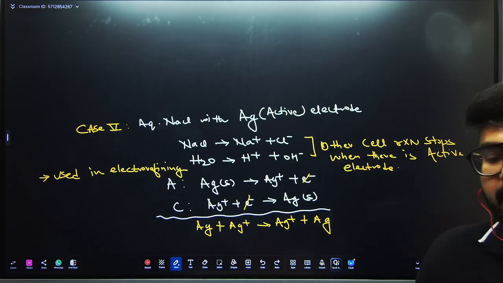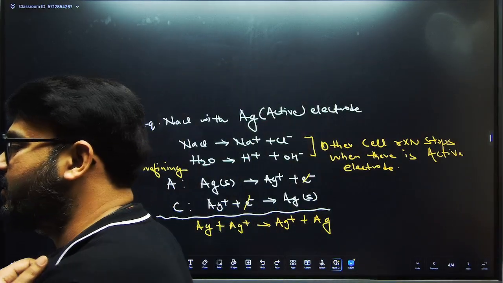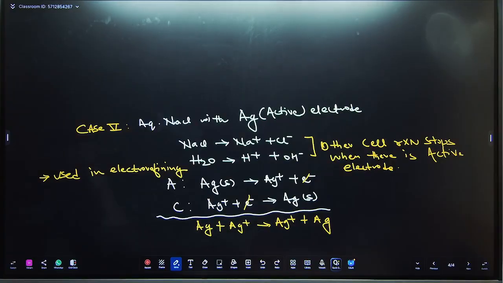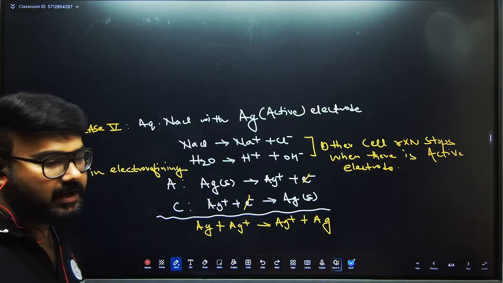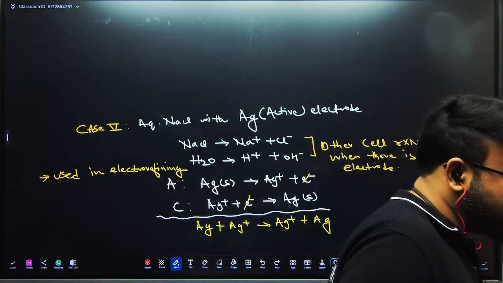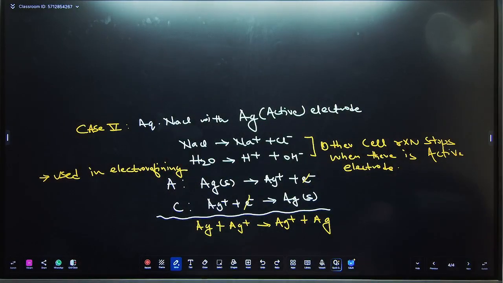Everyone copy this. Can you show the case for one second? Yeah, I'll show you in a minute once everyone's done with this. Okay, so guys, I hope now if they ask you to write the product of electrolysis in any of these five cases, you will not make a mistake, right?